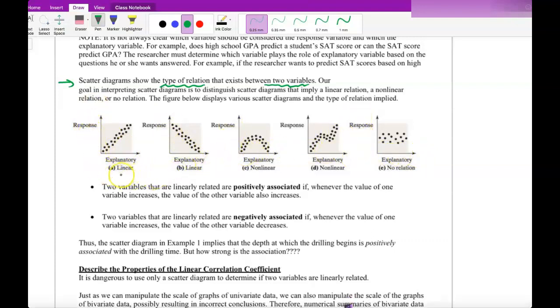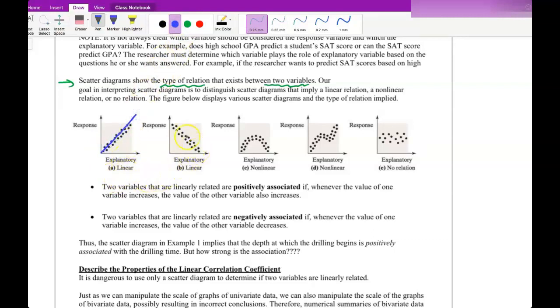The first one is linear because all these points are very close to one straight line, so we can draw a straight line here.